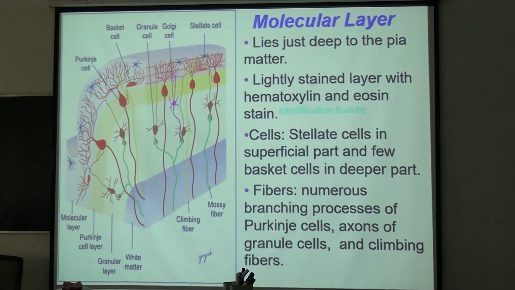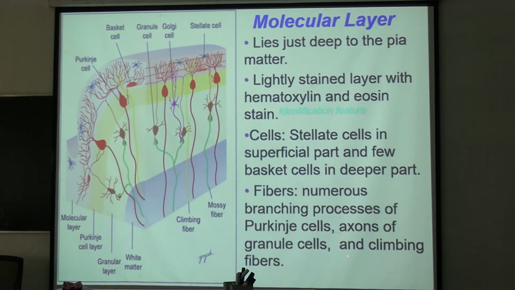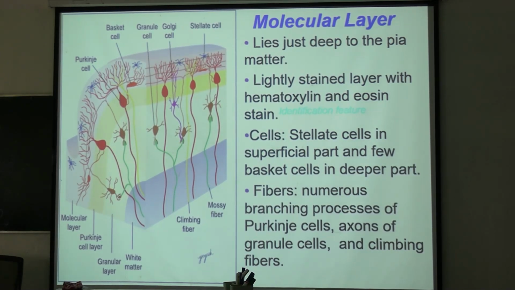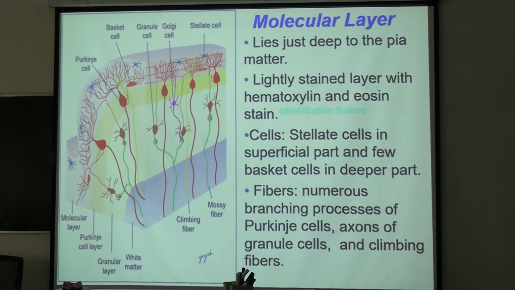The yellow one is the climbing fiber, reaching up to the molecular layer. So these are the cells and fibers of this molecular layer, which is lightly stained with H and E stain.